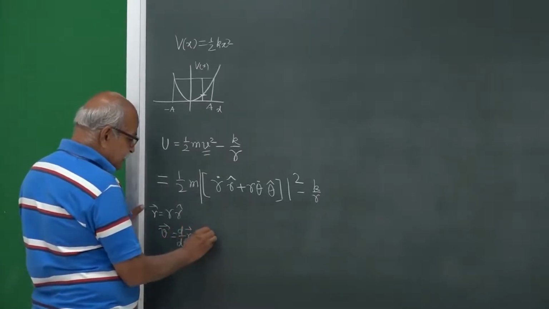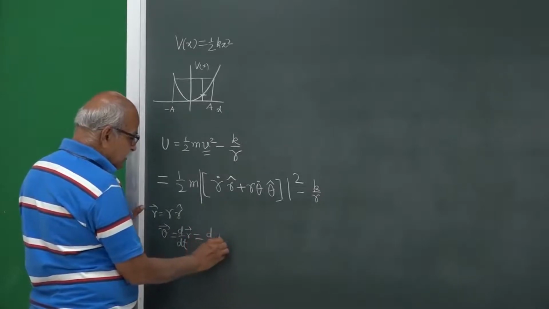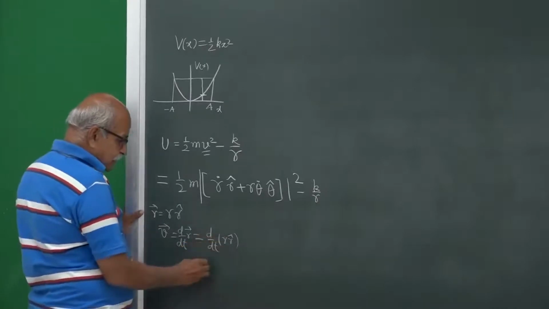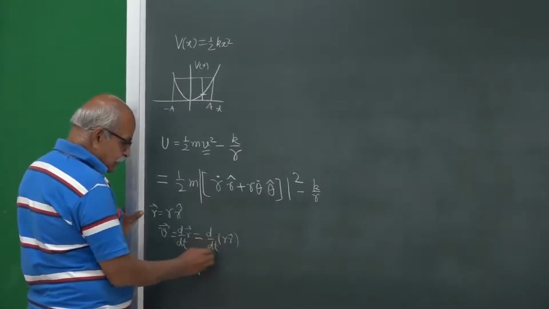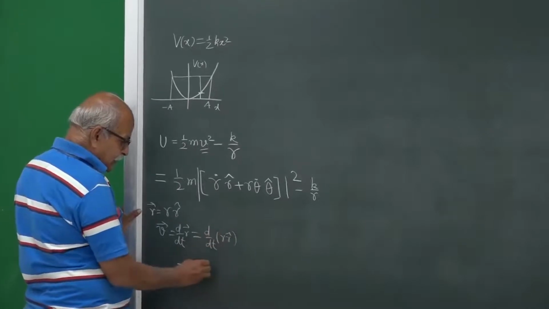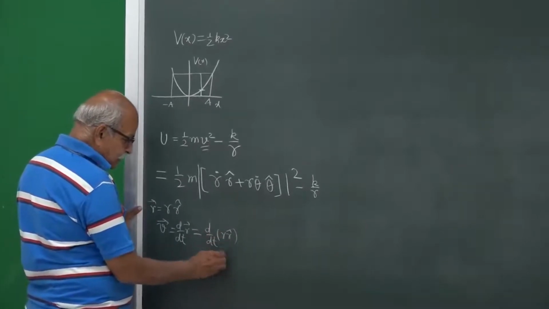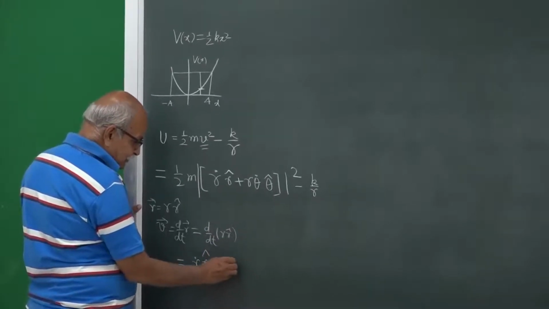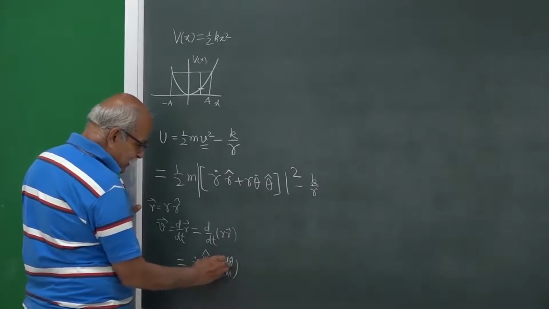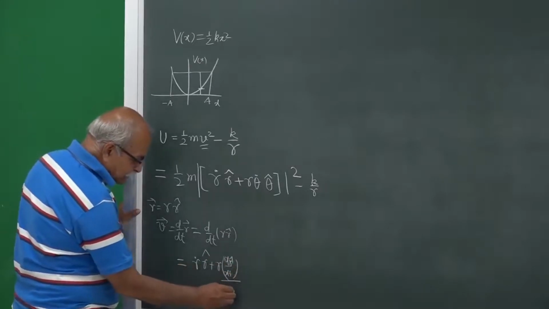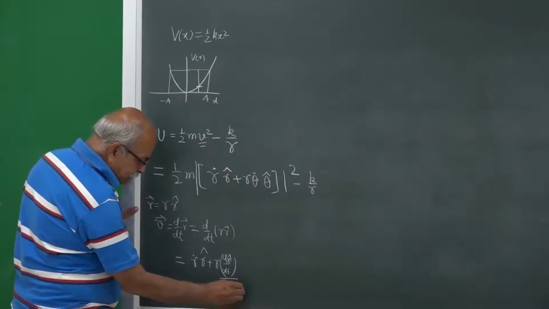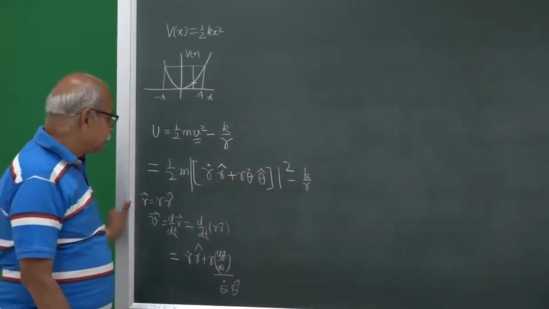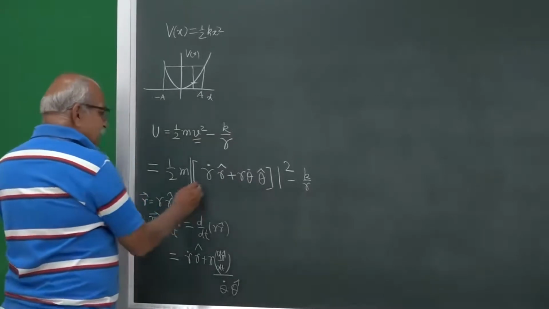From there, we opened it: d dt of r, which is r dot, times r cap, plus r times d dt of r cap, and we saw that this quantity turned out to be theta dot theta cap. So, r theta dot theta cap, we derived that. Now, what is that magnitude square?